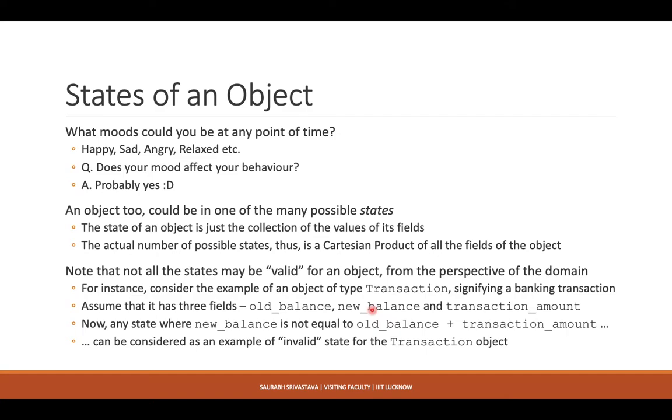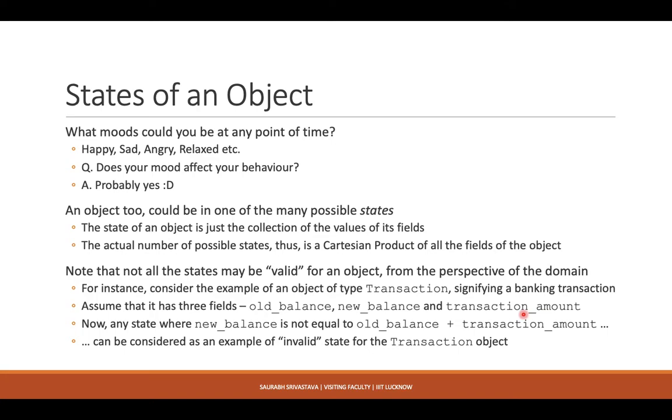So this is trying to depict a typical banking transaction where money is sent from one account to some other account. So also assume that this transaction has fields like old balance and new balance and the transaction amount. So now you know that if the transaction amount is positive, that is it is a credit, then the old balance should be increased by the same amount as the transaction amount.